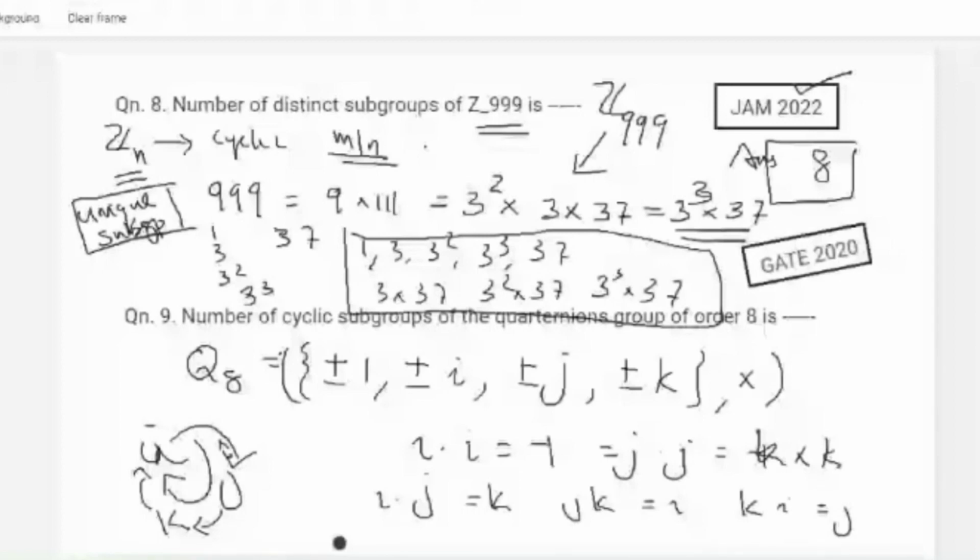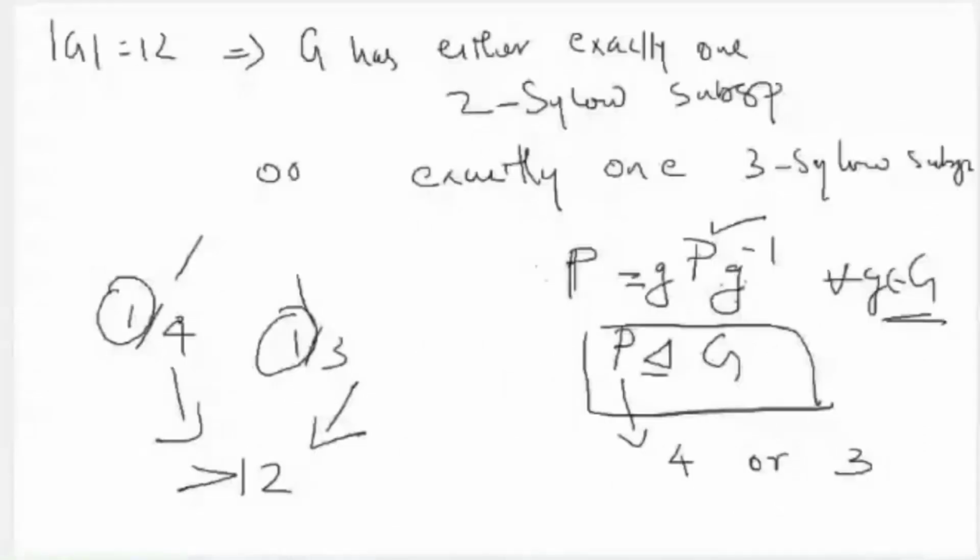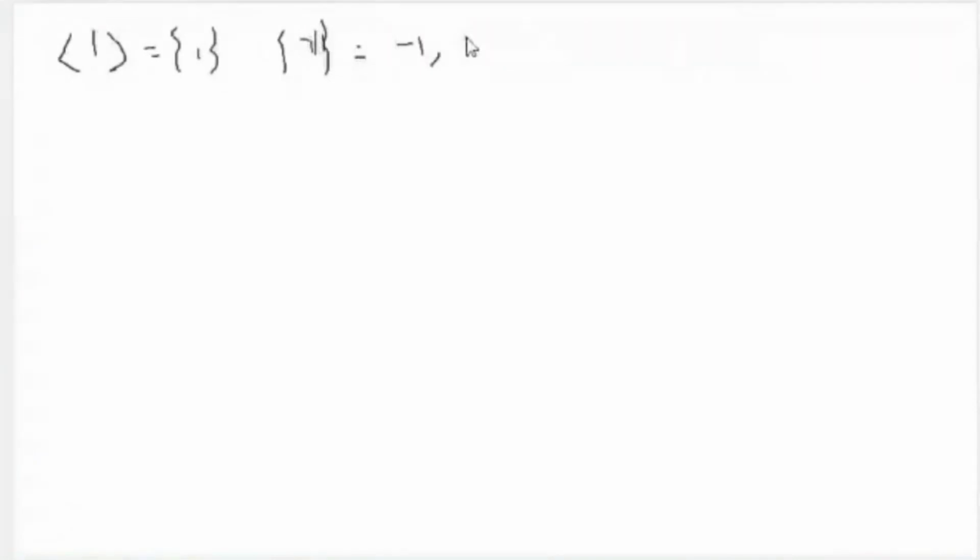We only have to look at the groups generated by all these members. That will give the number of cyclic subgroups. So 1 generates the group 1 itself, minus 1 generates the group minus 1, and minus 1 square is 1, so you will get a 2 element group.